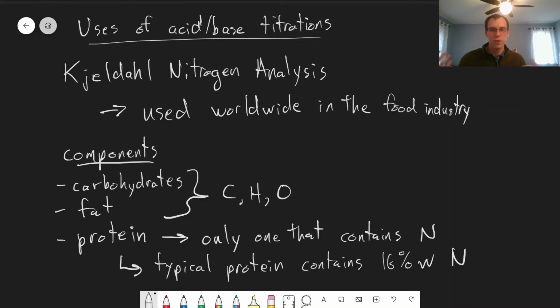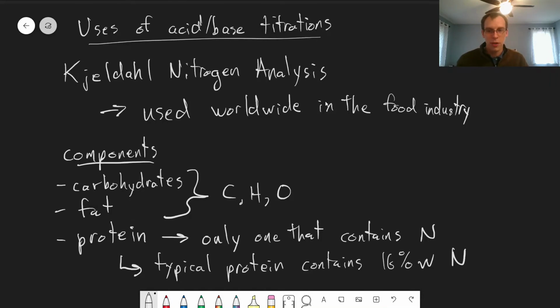So if you know how much nitrogen there is in your sample, you can say, okay, that's 16% of the protein, and so you can back out how much protein you have. So this is a way to test and make sure you have the right amount of protein that you expect in your food. This is why Kjeldahl nitrogen analysis is used worldwide in the food industry.